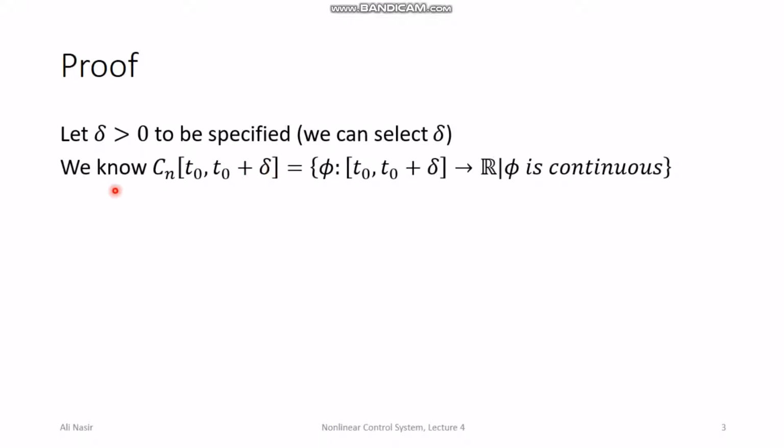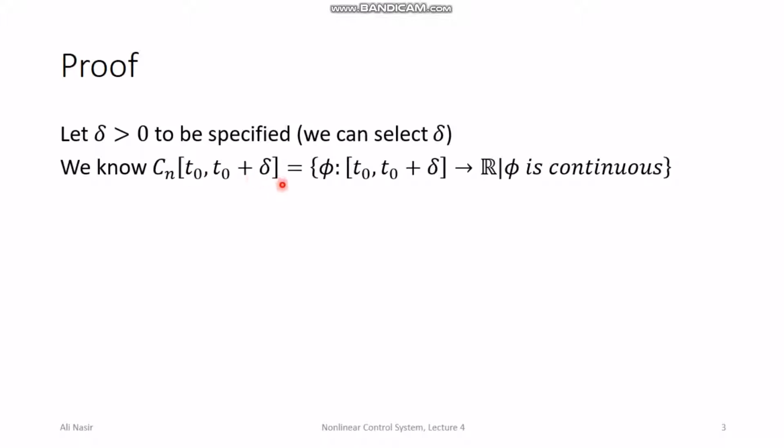First of all, we know that there is a notation for continuous functions. We have seen this in the previous lectures, that if phi of t is a continuous function from t naught to t naught plus delta t, then it can be represented by C from the interval t naught to t naught plus delta t.